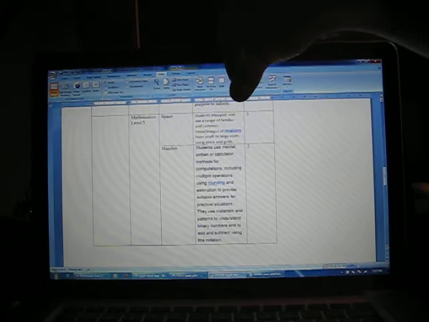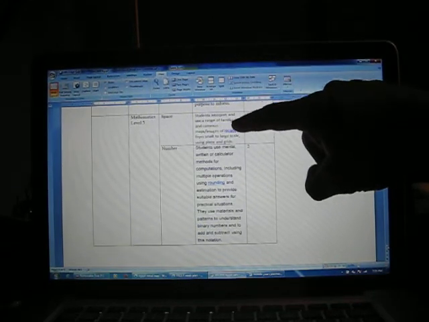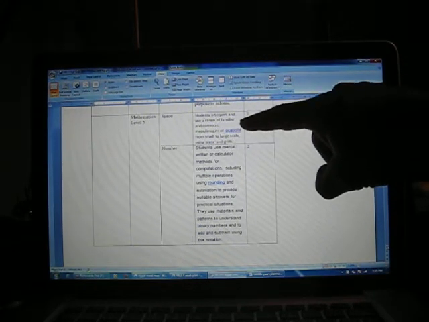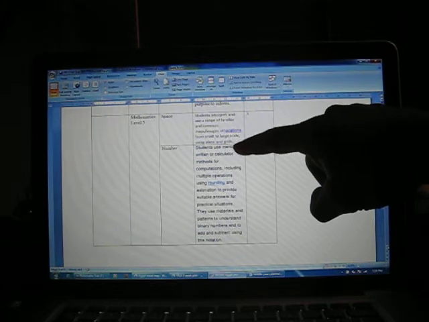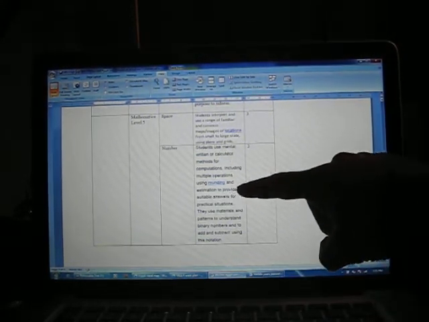Finally, I'll skip down to mathematics, which is also incorporated. As far as space, students are interpreting and using a range of familiar and common maps and locations. Also with number, they're using estimation.